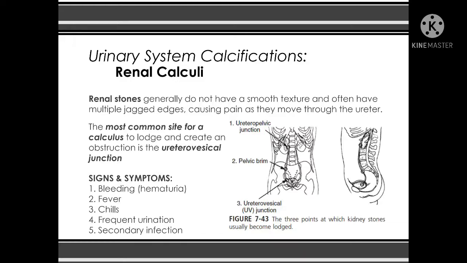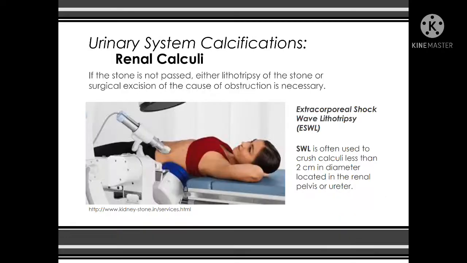So there are 3 points at which kidney stones usually become lodged. One is the ureteropelvic junction, second is the pelvic rim, and last is the ureterovesical junction, which is the most common site for a calculus to lodge and create an obstruction. So the signs and symptoms of renal calculi include hematuria, fever, chills, frequent urination, and secondary infection.